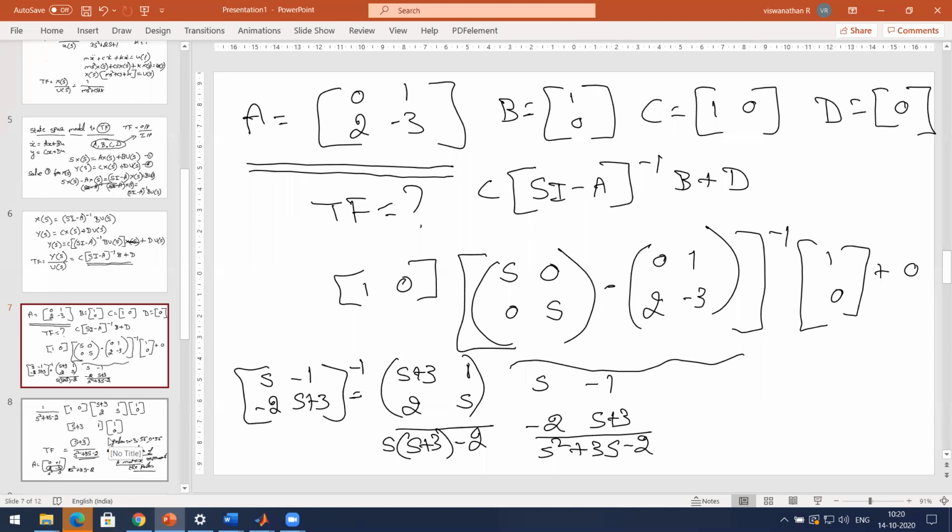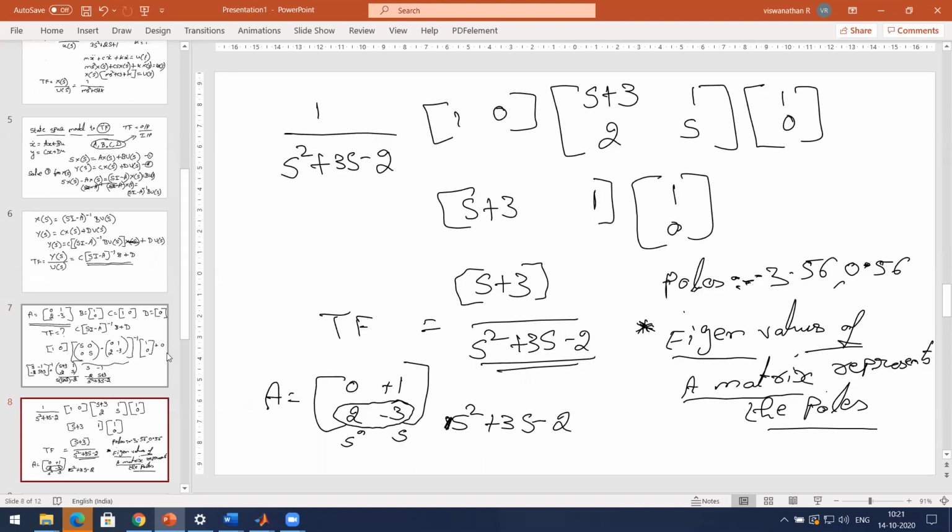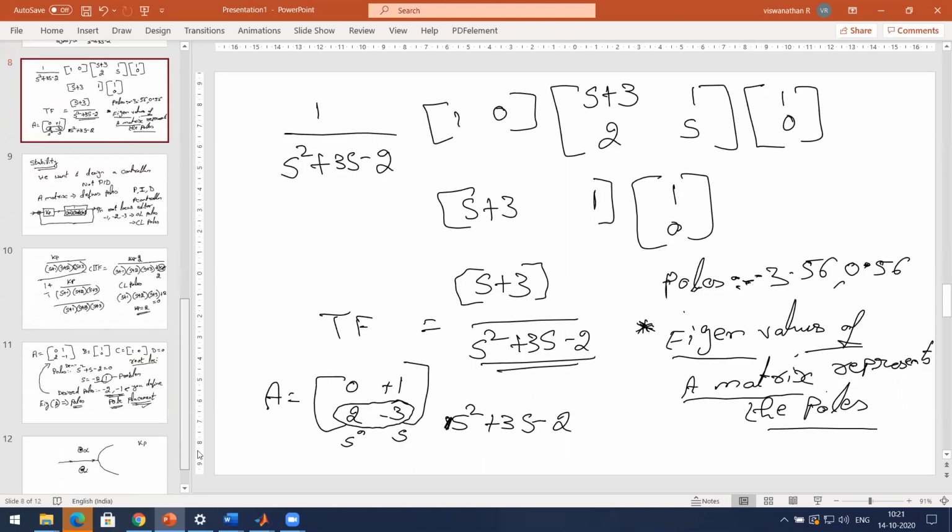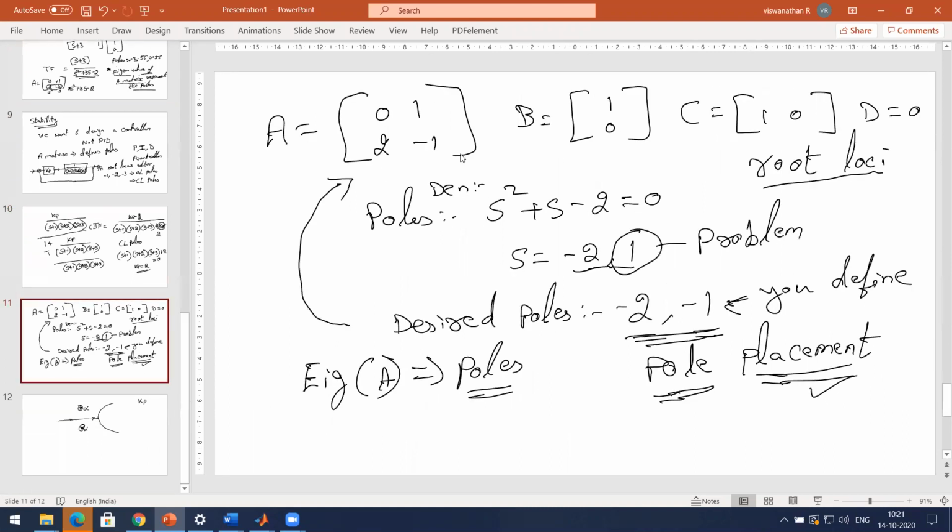What I told you here was how to find the coefficients of S square and S. Suppose you don't have time to calculate the transfer function from the state space model. You can directly look at the A matrix, look at the second row values, and write the denominator of the transfer function.